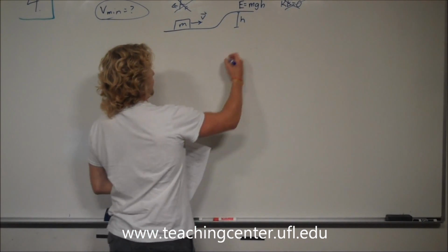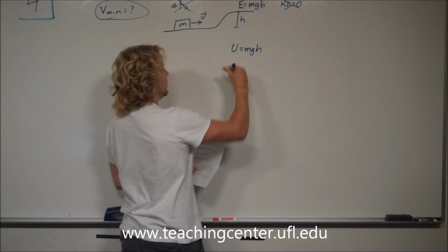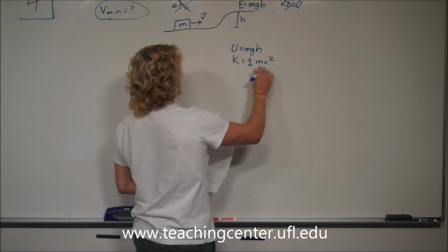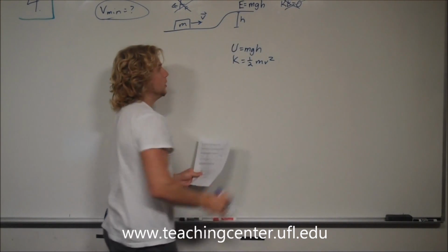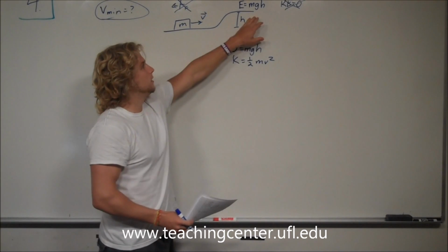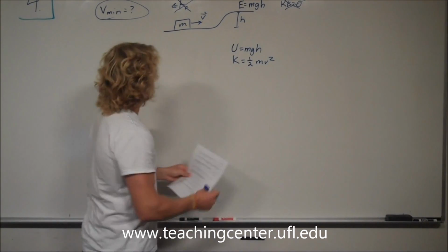Alright? So U is equal to mgh for review, and then K is equal to 1/2 mv squared. Alright, so up here we only have mgh. There is no kinetic energy because there is no velocity up here. We're looking for minimum velocity.